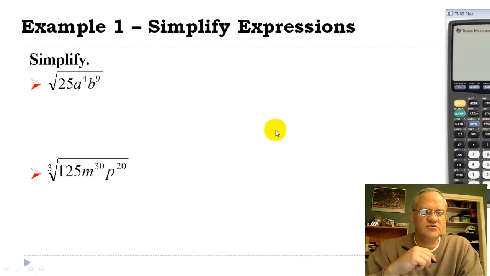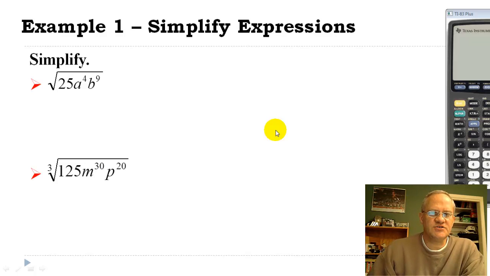So let's look at a few situations here. First of all, we've got the square root of 25, a to the 4th, b to the 9th. This is the kind of stuff that's pretty much like last time. With the product property, we can break this down and split it up into certain parts.